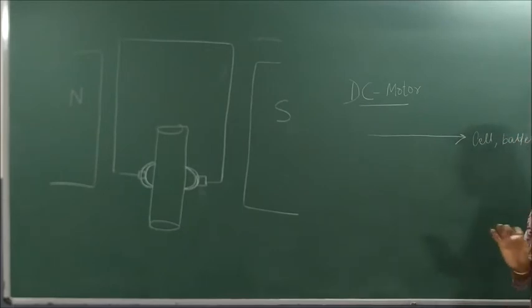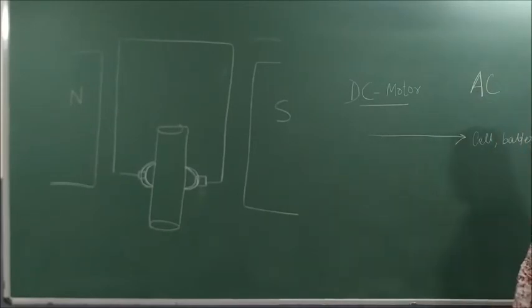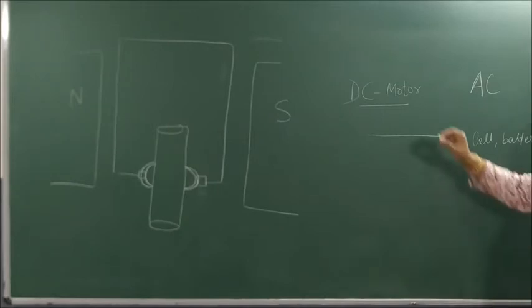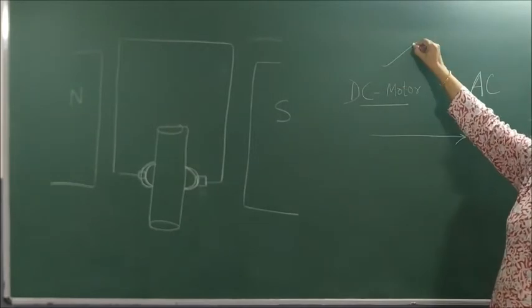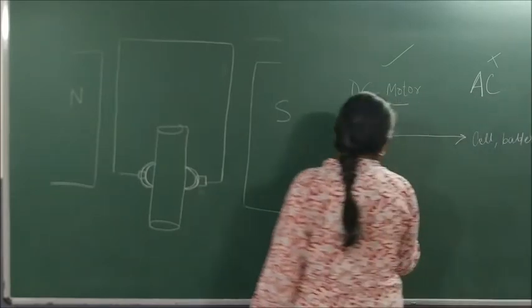Direct current. Okay? The other form of current is called alternating current. So you have two kinds of motor, DC motor or AC motor. In your syllabus, you have what motor? DC motor. We had AC generator, which is deleted. Okay. So what is alternating current? Alternating current is a current.